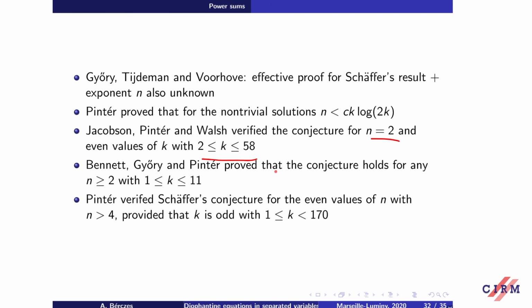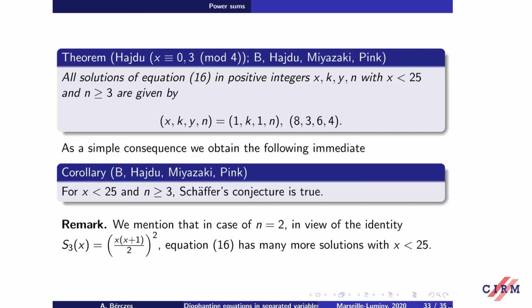Bennett, Győry, and Pintér extended the result to 1 smaller or equal to k smaller or equal to 11 and arbitrary n larger or equal to 2. This was again an important breakthrough. And Pintér verified the conjecture for n larger than 4 and 1 smaller or equal to k smaller than 107. This is, of course, not a complete list of results.